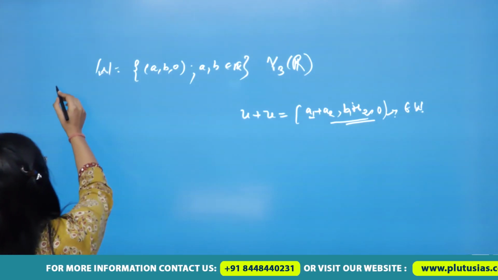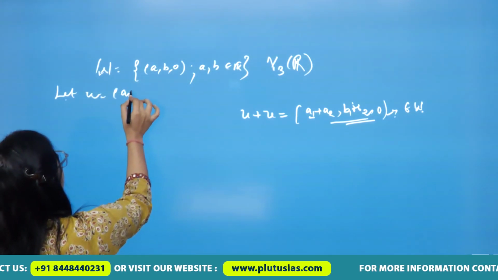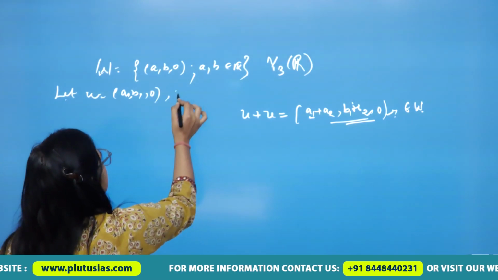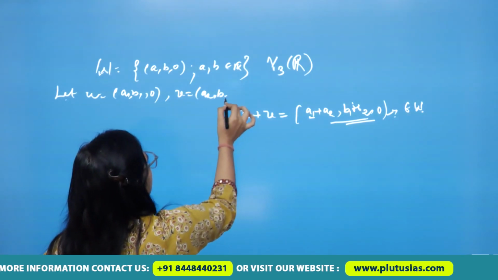We write this here. Let u is equal to (a1, b1, 0), v is equal to (a2, b2, 0).